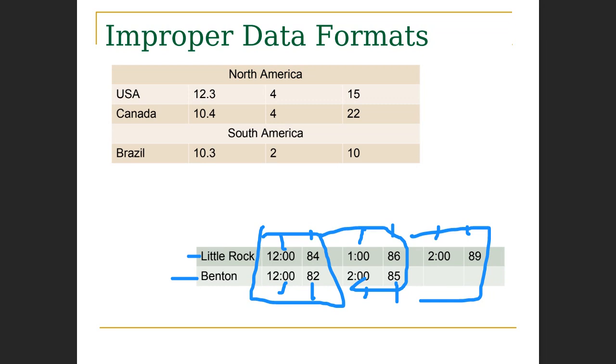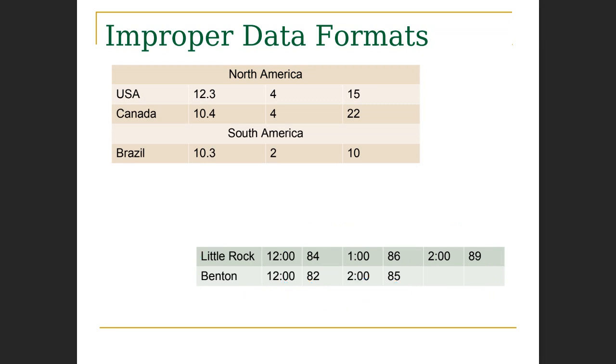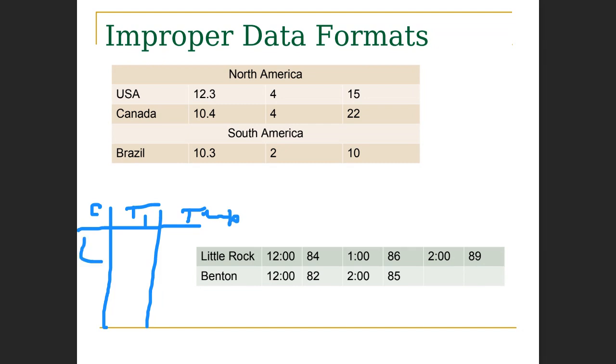How would I fix this data? There's really 3 dimensions to it: the city name, time, and temperature. So it's going to be Little Rock at 12, 84. And then at 1, you have to repeat Little Rock.